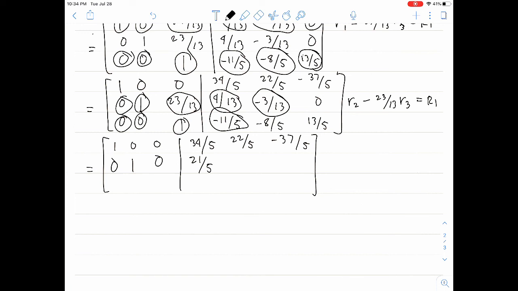Negative 3 over 13 minus 23 over 13 times negative 8 over 5 is 13 over 5. 0 minus 23 over 13 times 13 over 5 is negative 23 over 5.